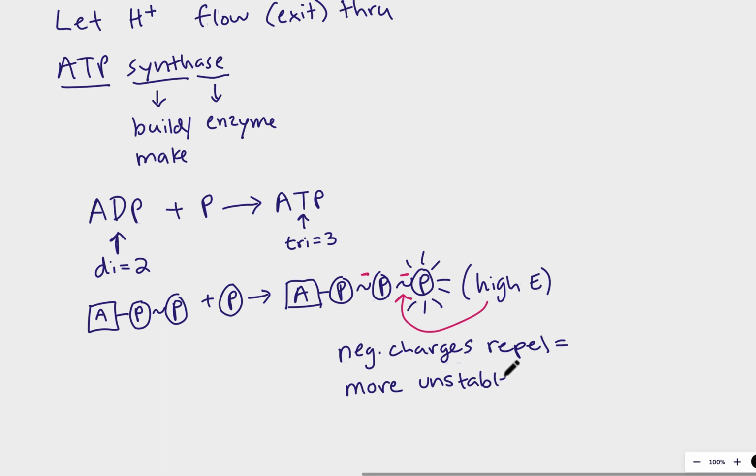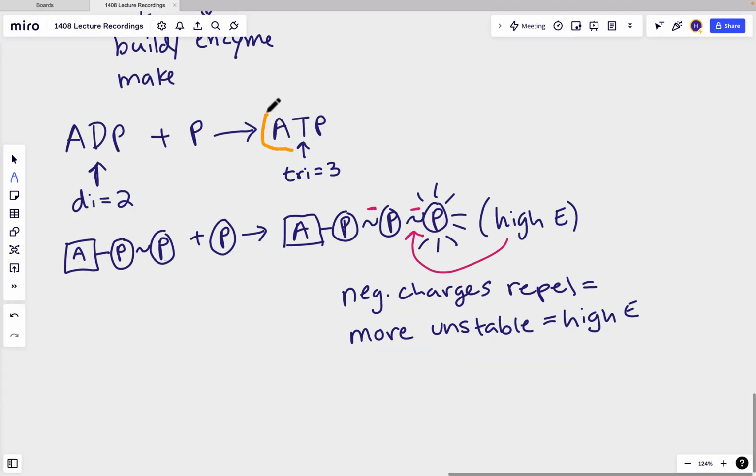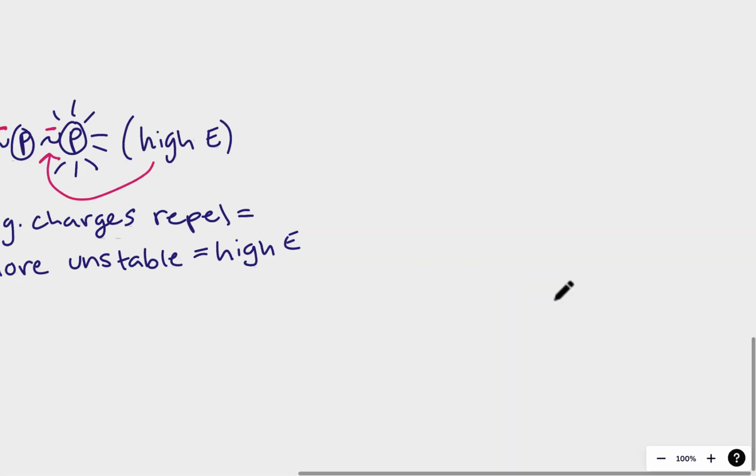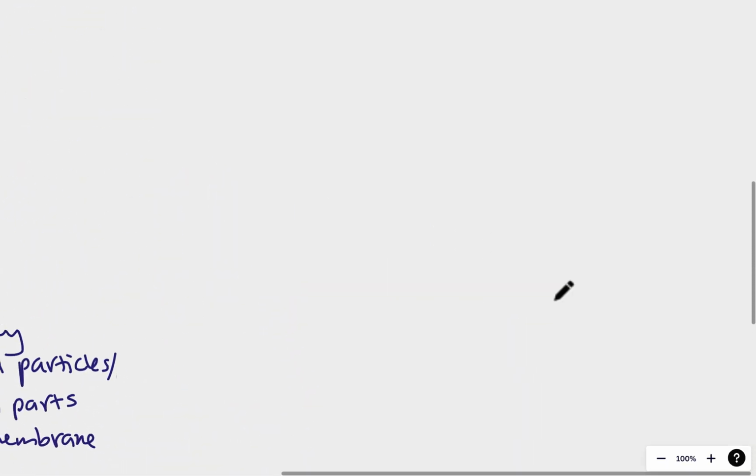The repelling makes the ATP more unstable, and unstable equals high energy. So let's box ATP as an output of cellular respiration, the most important one. All right, so now we've made ATP.